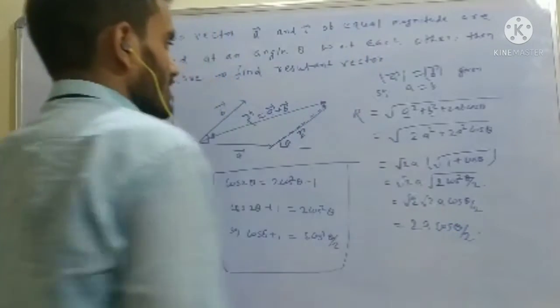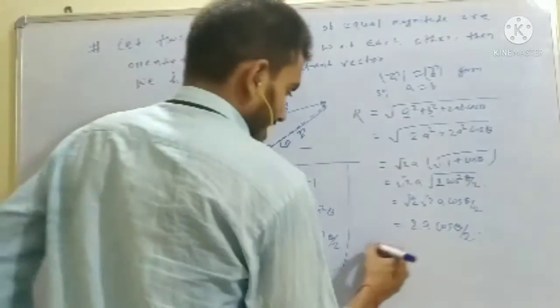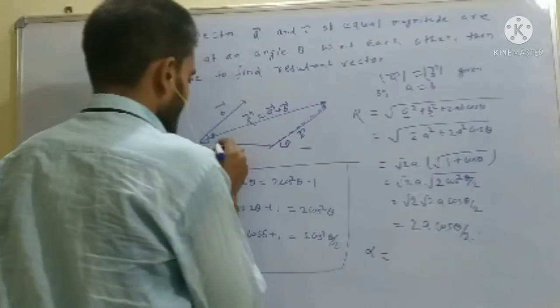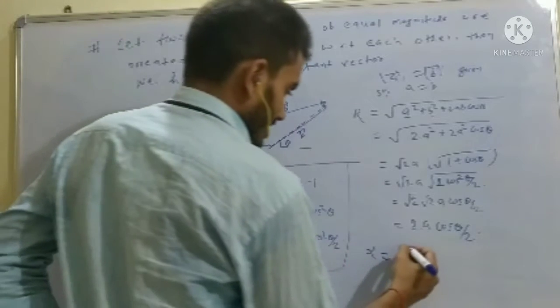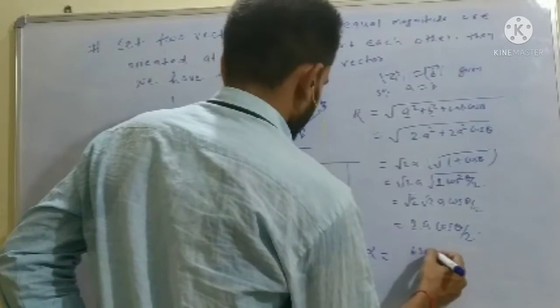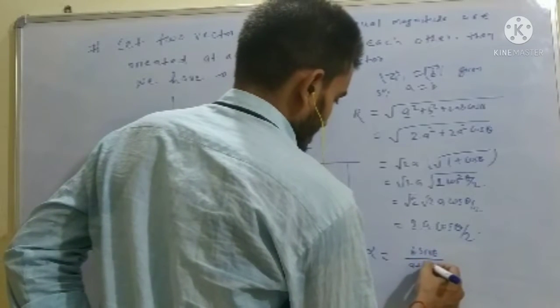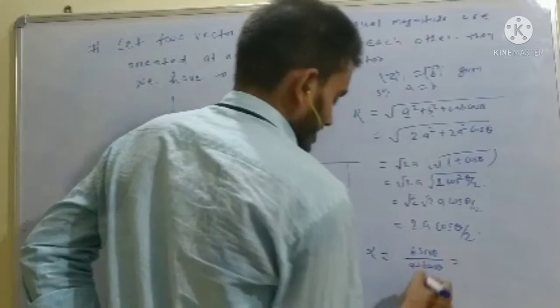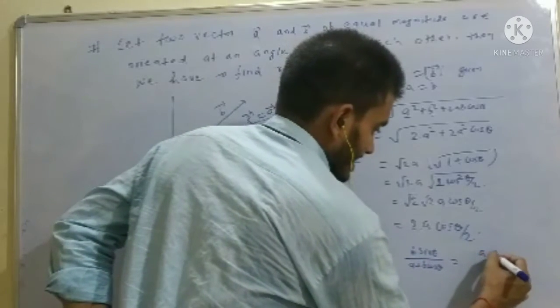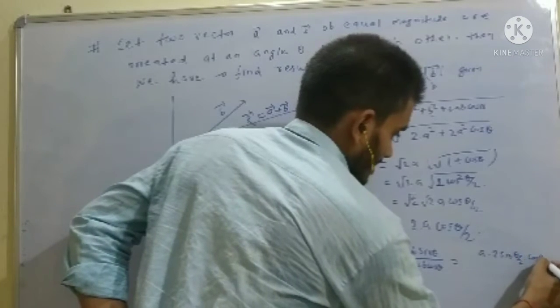This is the magnitude of this vector. Direction, this angle is alpha. B sin theta by a plus b cos theta, with b equal to a: a sin theta by a common, 2 sin theta by 2 into cos theta by 2.